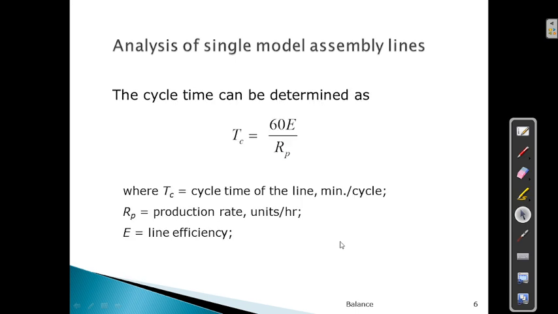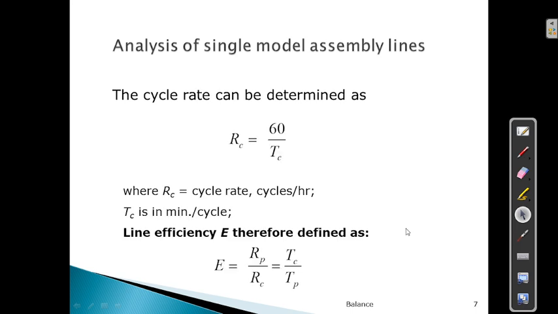Then the cycle time can be determined as Tc equal to 60E divided by Rp, where Tc is cycle time of the line with the unit of minutes per cycle, Rp is the production rate in units per hour, and E is equal to line efficiency.